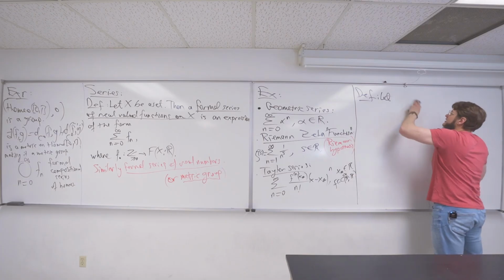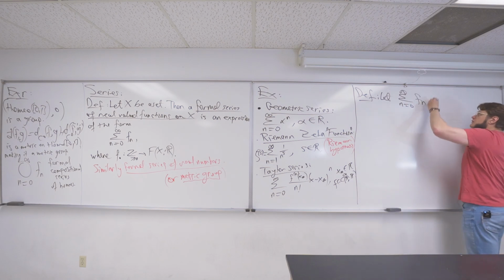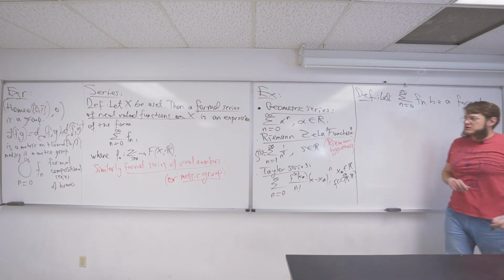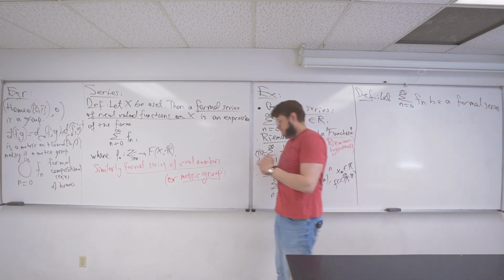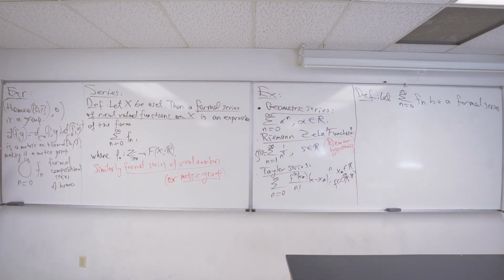Let's look at a formal series, like so. Well, maybe I should ask you, how can I perhaps make sense of this being convergent or divergent?